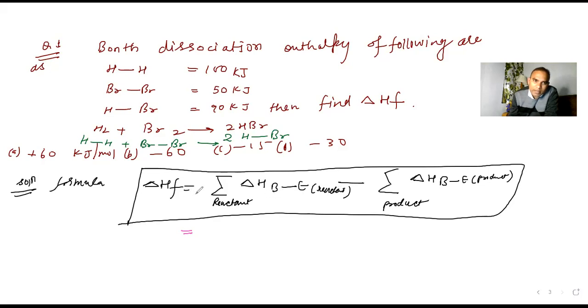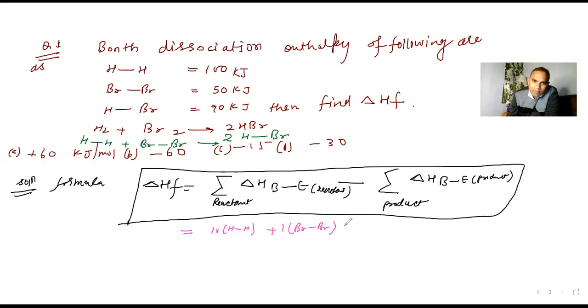These are the HH, so how many are there? 1 into H-H bond, plus Br is there, only one, so 1 into Br-Br bond.